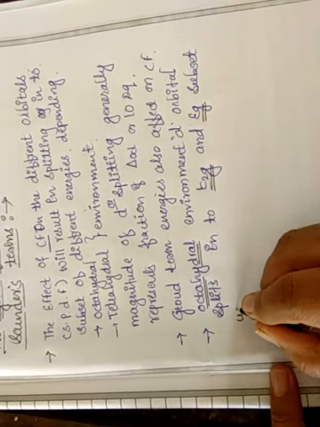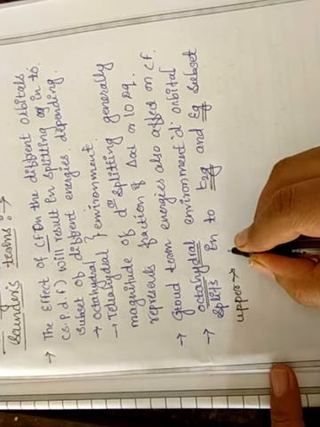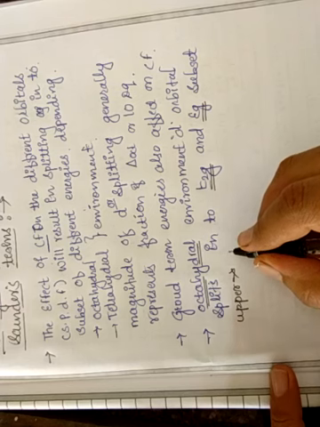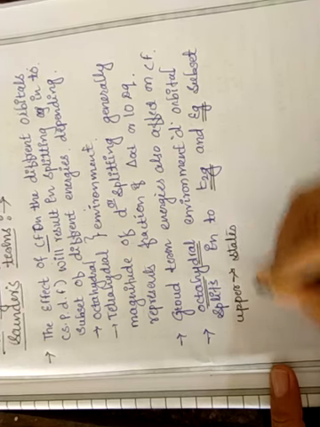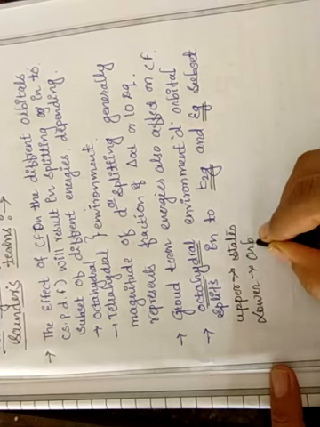Upper denotes the state and lower will be the orbital, isn't it?